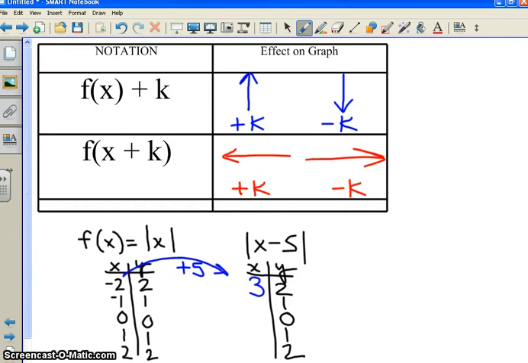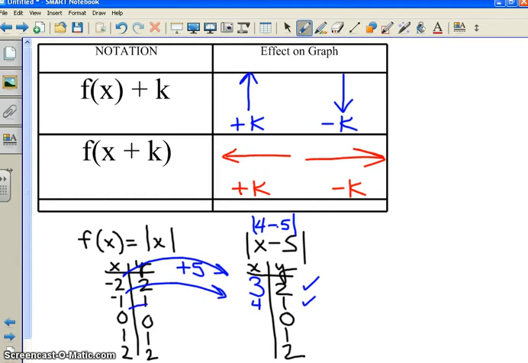And when I substitute 3 into my new function, 3 minus 5 is negative 2, and the absolute value of negative 2 makes positive 2. Check. When I go down to negative 1 and add 5, that's going to land me at 4. And when I change my x value in my function to 4, 4 minus 5 is negative 1, and the absolute value of negative 1 is positive 1.